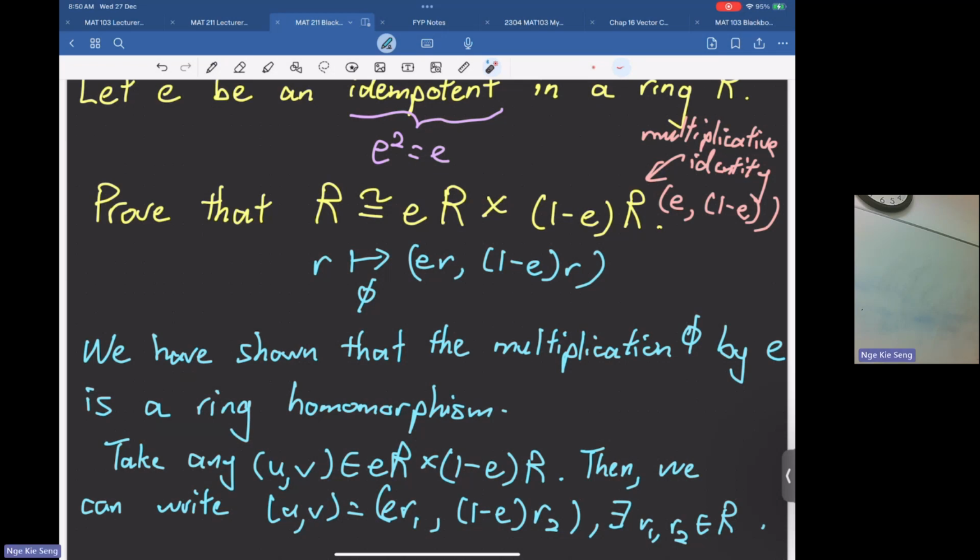Okay. So you see, throughout this course, we have been talking about isomorphism. You definitely need to know how to show something is surjective, something is injective, how to show something is a homomorphism. How many types of homomorphism? Group homomorphism, ring homomorphism. All these you need to know how to show.